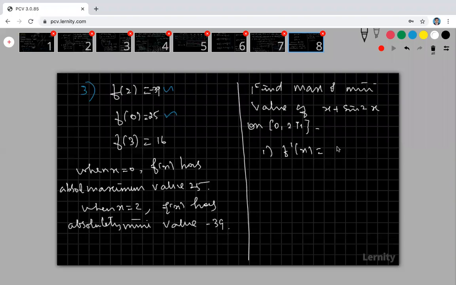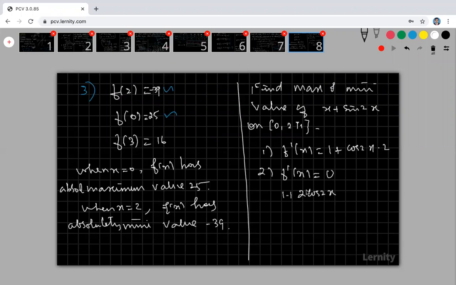My f dash of x is 1 plus the derivative of sine 2x, which is cos 2x into 2. And take it as my second step: f dash of x is equal to 0. My f dash of x is 1 plus 2 cos 2x.